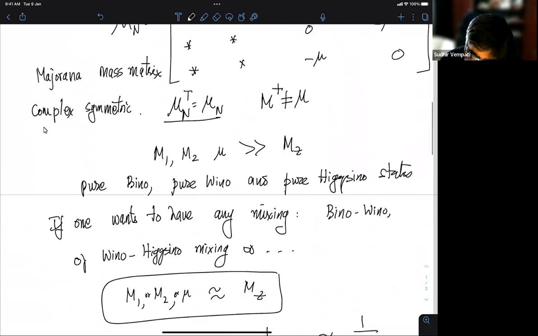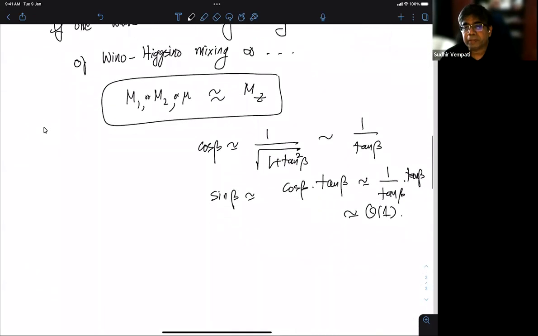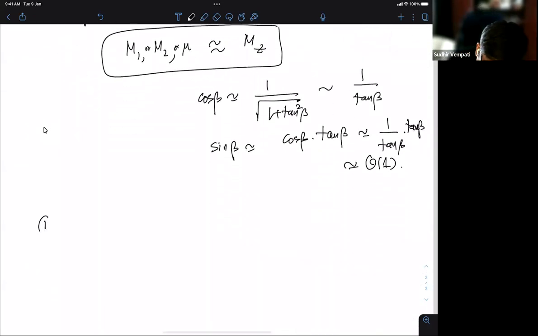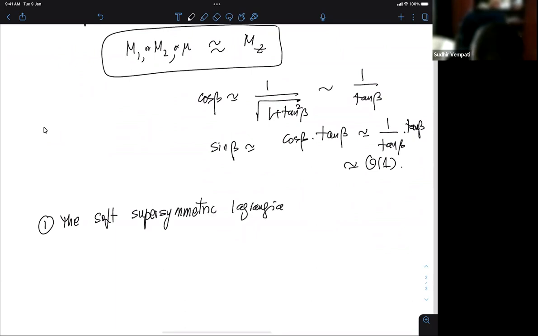There are a couple of standard references. One is the soft supersymmetric Lagrangian, and Steve King is there. Then there is the old one, Haber and Kane, which was a standard reference for all of us.